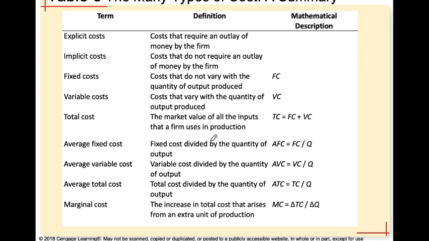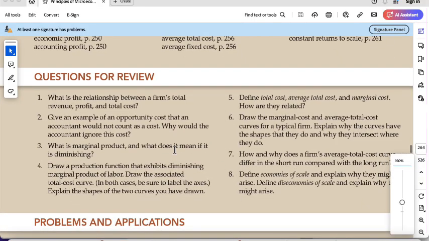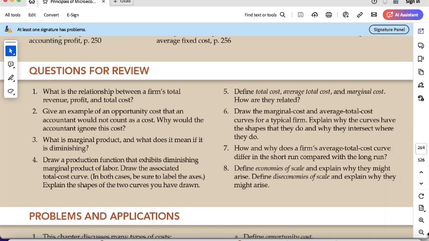So far, we've covered what explicit, implicit, fixed, variable, and total costs look like. We've talked about the shapes of the average fixed cost, average variable cost, average total cost, and the marginal costs. These are some questions that we discussed when we started off with today's session. What is the relationship between the firm's revenue, profit, and costs?